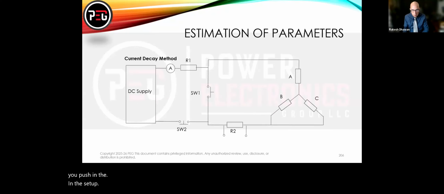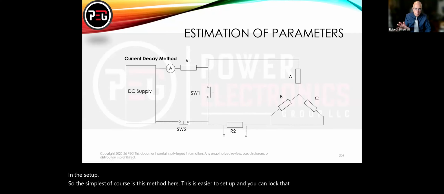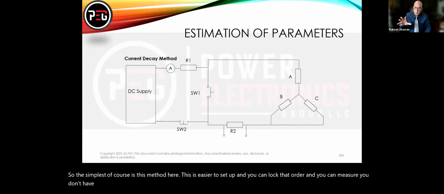The simplest, of course, is this method here. This is easier to set up, and you can lock the rotor and measure. You don't have to lock precisely at 0 degrees. You could lock at different positions and measure the decay value and determine your inductance, because all you have is R and L component here.